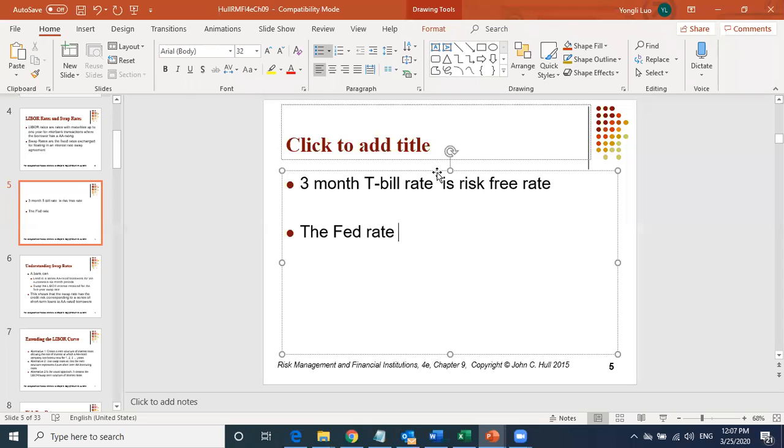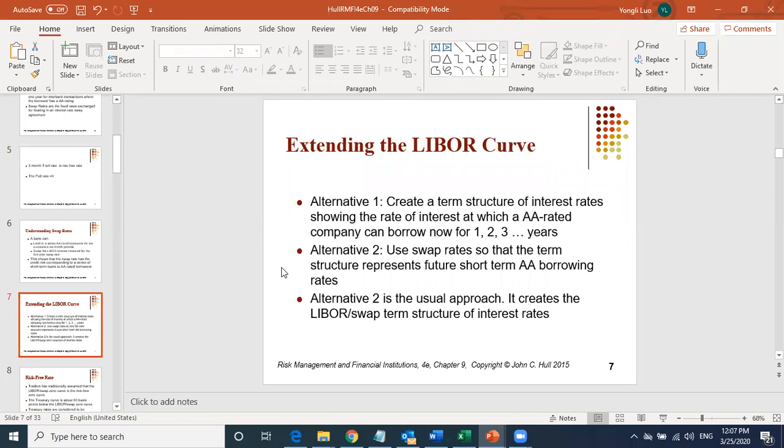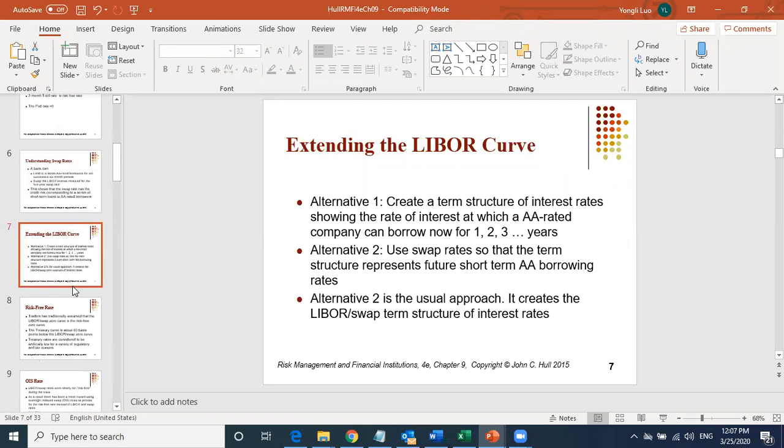The Fed rate is 0. Yes, last week the Fed made an announcement. They lowered the Fed rate to 0. So the Federal Reserve announced that the rate is 0.